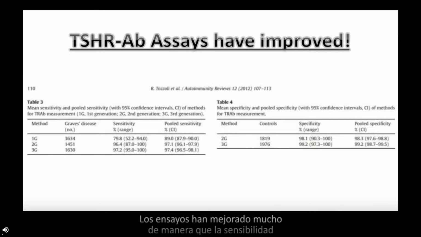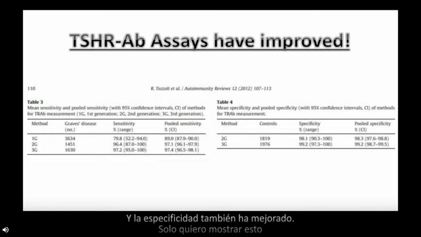The assays have greatly improved such that the sensitivity of the TSH receptor antibody for Graves' disease with the new third generation assays is better than 95%. And the specificity has also improved.